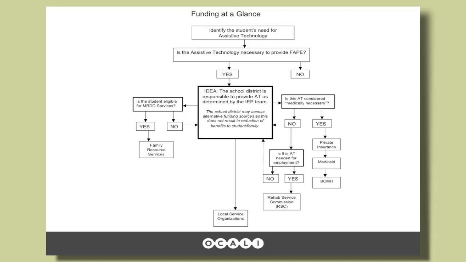The district can't require a family member to use their private insurance if it depletes the insurance over the course of the lifetime of the insurance, and many insurances have lifetime caps. So again, it becomes the discretion of the family whether they want to use their insurance money for that purpose. Many choose to do that because they want to actually have control of that assistive technology, and they want to be able to use it in a broader way than what might just be used within the school.